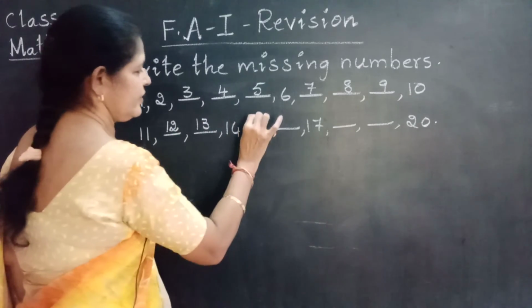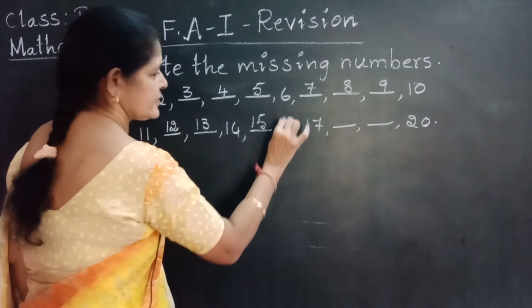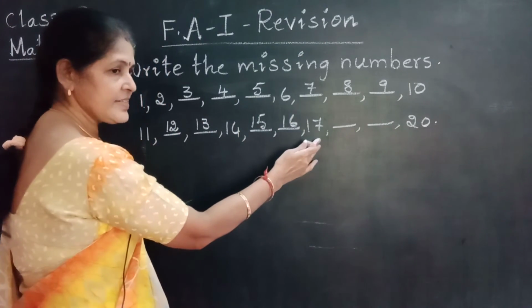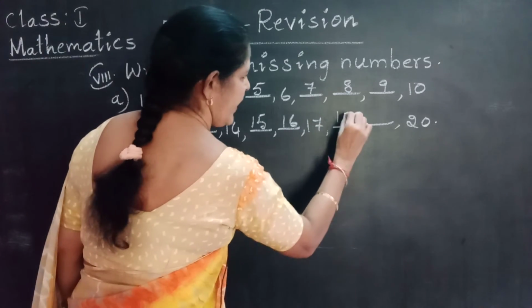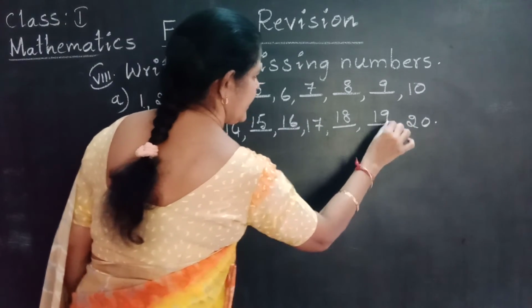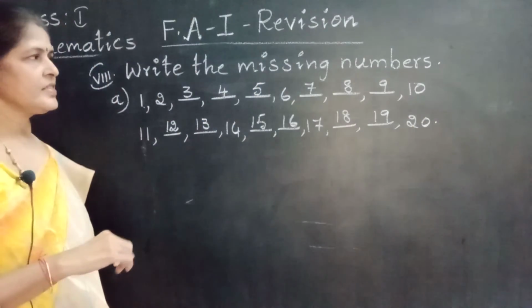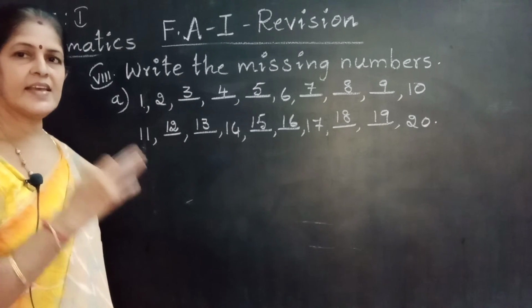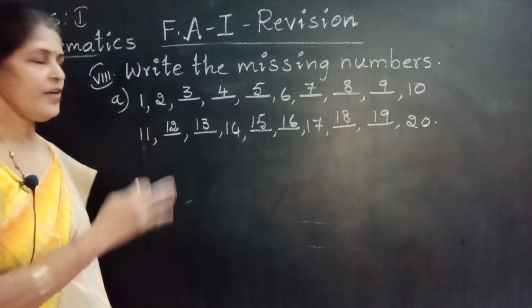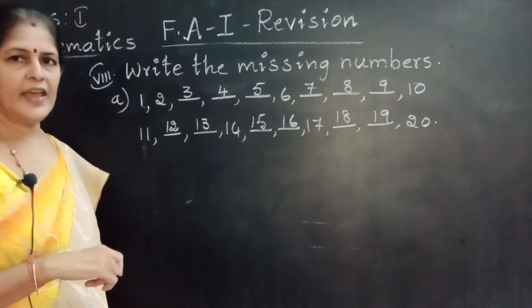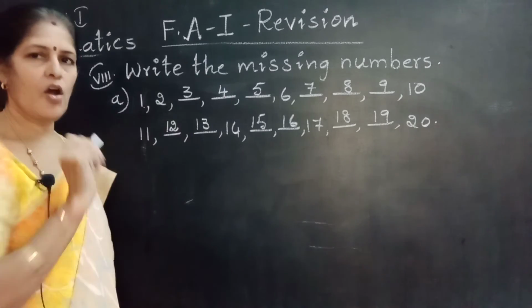Don't repeat 14. 15, 16, 17 is given. Next 18, 19. Now the given numbers we are going to fill up. This is missing numbers. Okay, 1 to 20. Okay, we are writing the numbers in order.